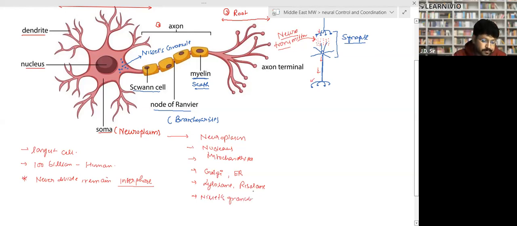Full stop. Nissl's granule most probably synthesizes protein. Next point.